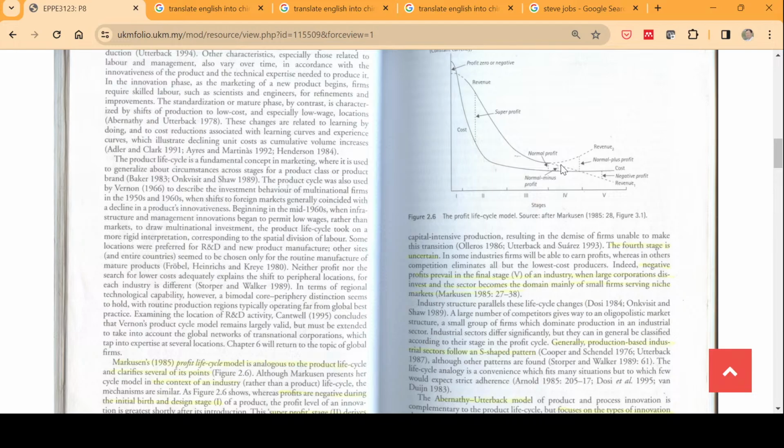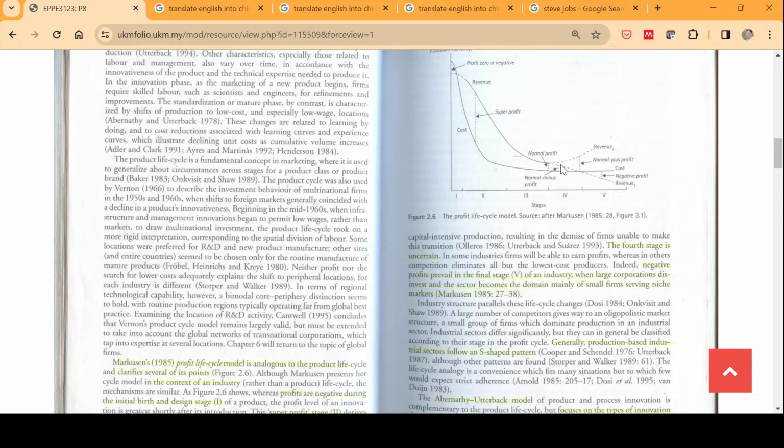If a product or industry follows the life cycle from low to high volume, a shakeout period will follow where competition shifts rather suddenly from product innovation to price, from skill labor intensive to capital intensive, resulting in the demise of firms unable to make this transition to competing on lower cost, lower price.